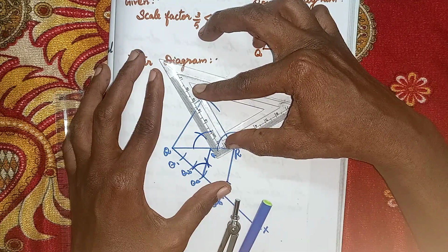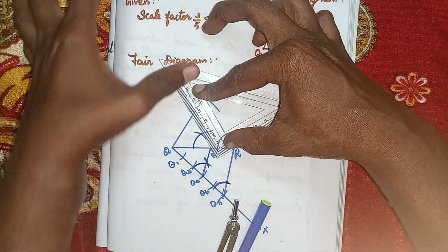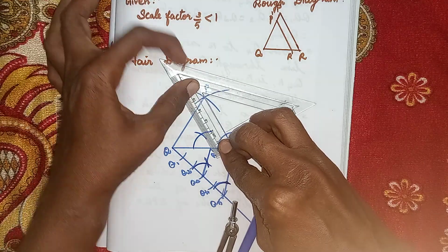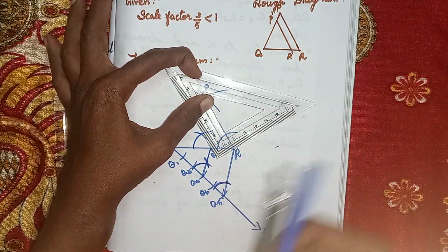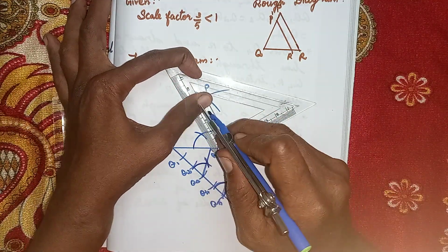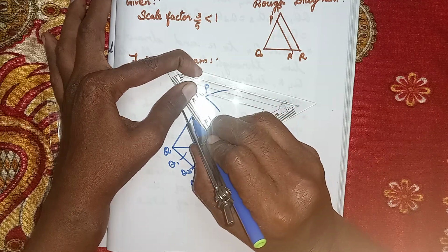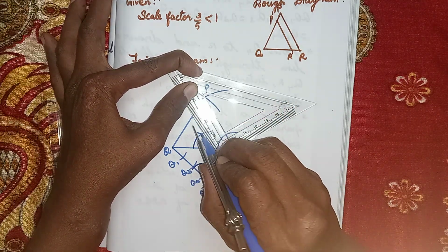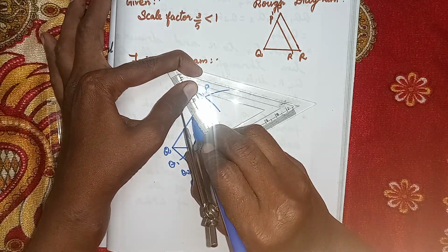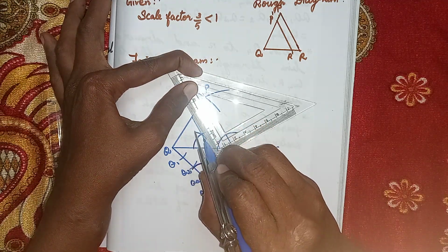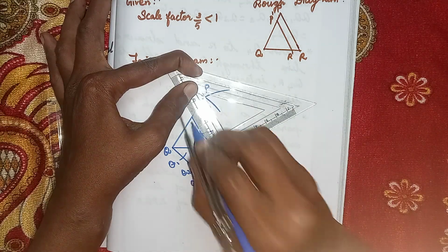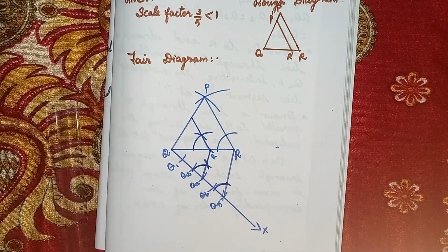Slowly you want to move this. Now join this also, through R dash and the arc you have to join this.